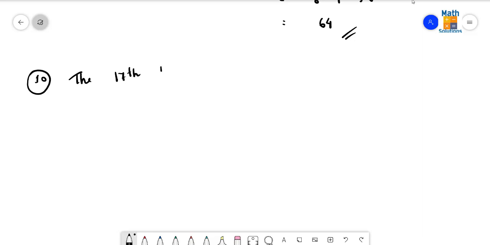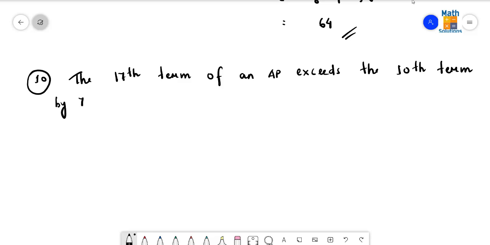The 17th term of an AP exceeds the 10th term by 7. Find the common difference.